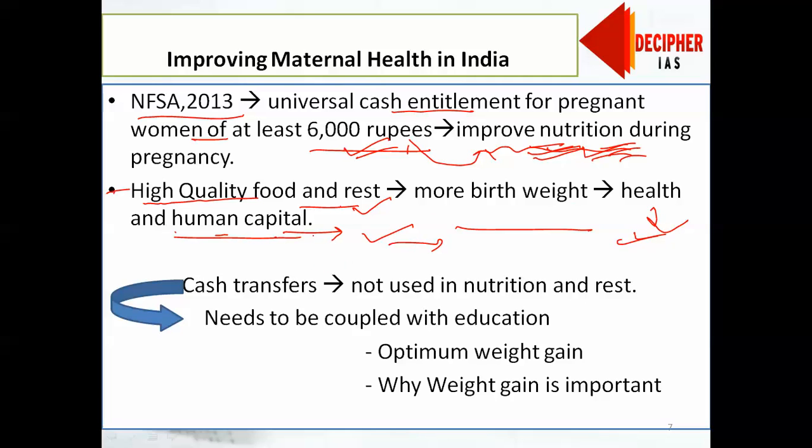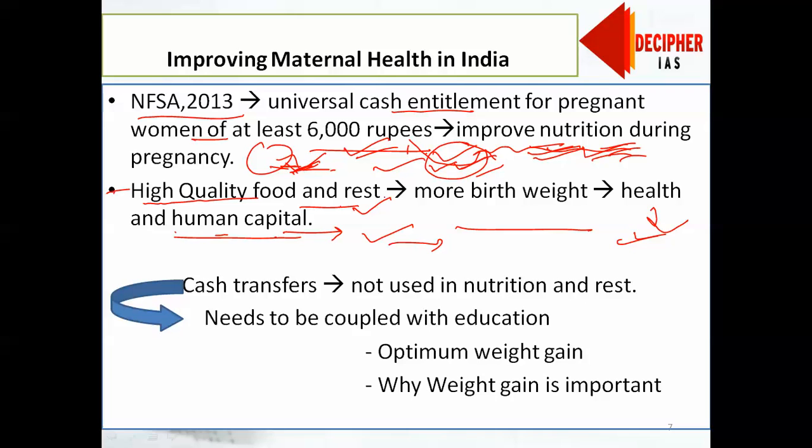now the first problem, this nutrition problem, is not only of the rural area. It affects both rural as well as urban women, and also middle class women and poor women. So you can say all types of women suffer from bad nutrition in India.